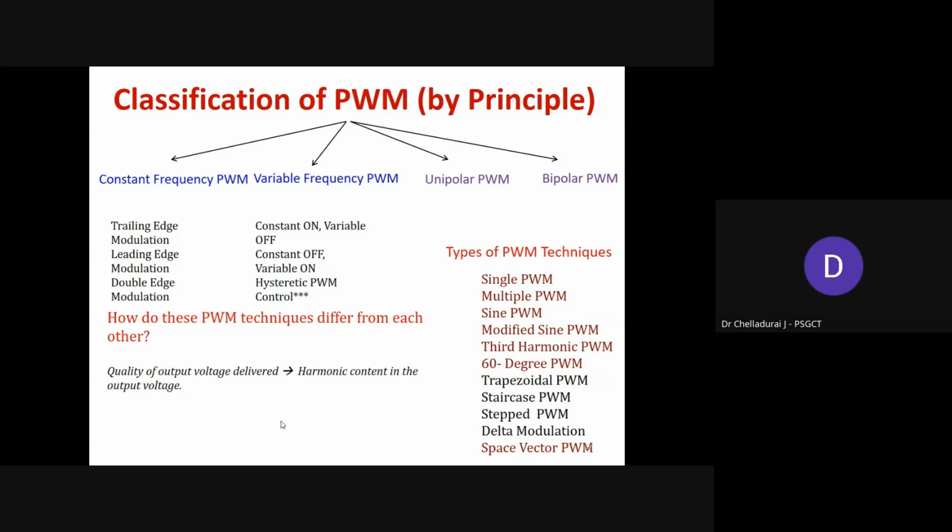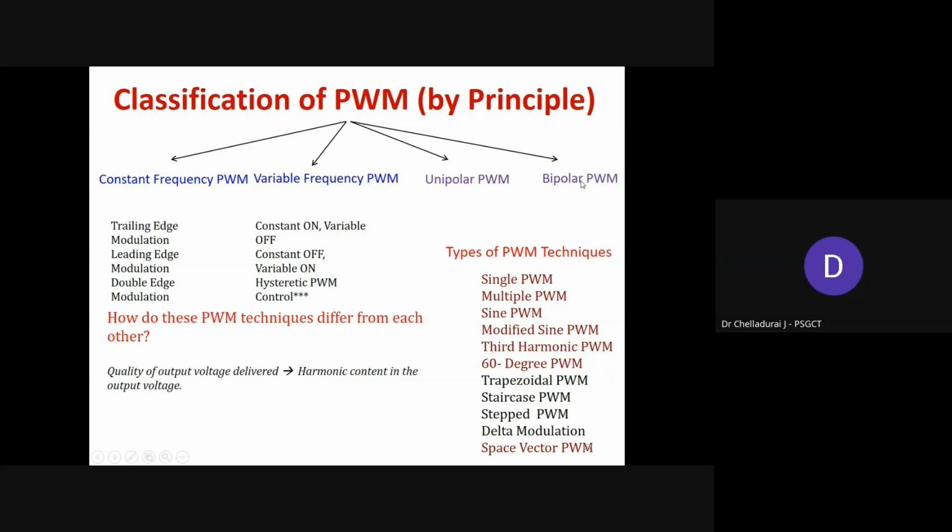Classification of PWM techniques: from a research point of view, different methods are available, and each and every PWM technique has its own advantages and disadvantages. Here we'll discuss unipolar and bipolar, the two types of PWM techniques available.